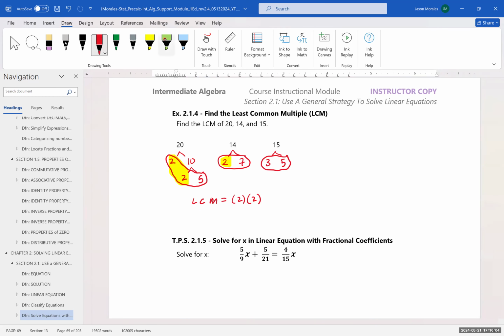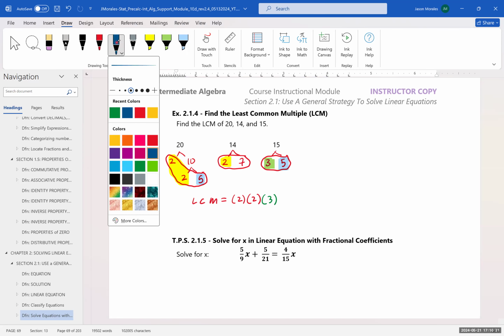The next unique factor was a 3, and the most times it occurred was once. The next unique factor was 5, and the most times a 5 occurred in any one factor tree was once.